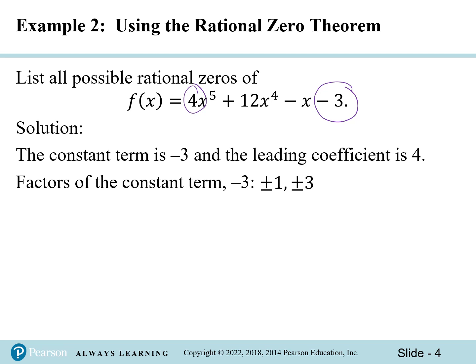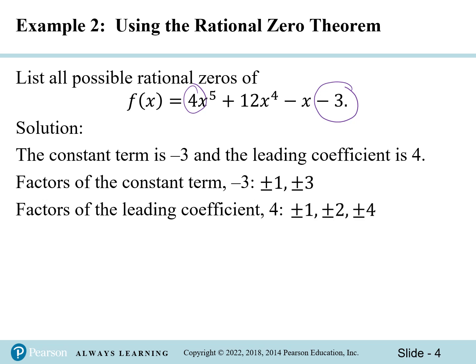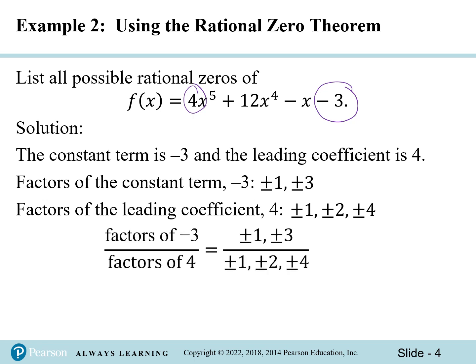Then I'm going to do the same thing for the 4. The factors of the leading coefficient 4 are going to be 1, 2, and 4, so plus and minus 1, plus and minus 2, and plus and minus 4. Now I need to write them as a fraction, the factors of negative 3 over the factors of 4. So that's plus or minus 1, plus or minus 3 over plus or minus 1, plus or minus 2, plus or minus 4.